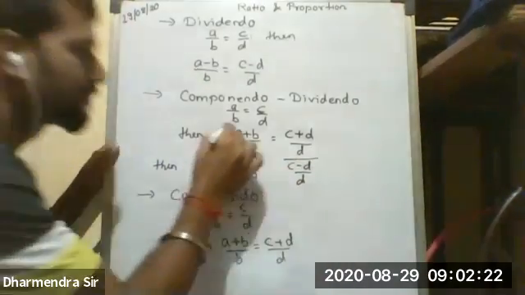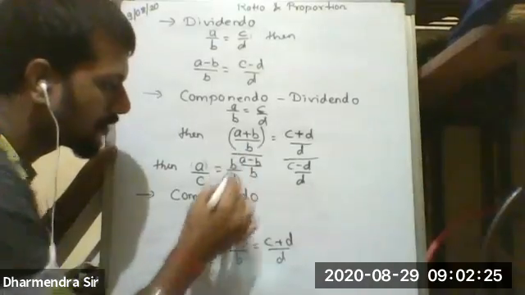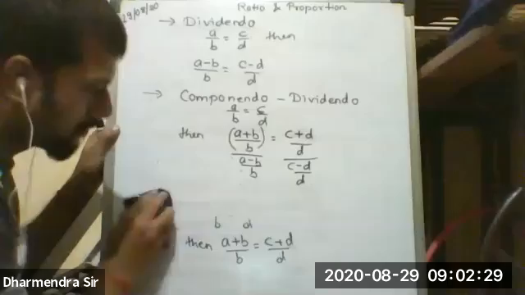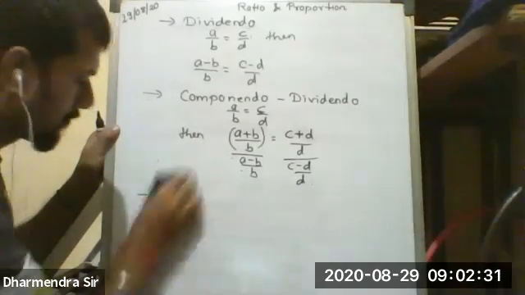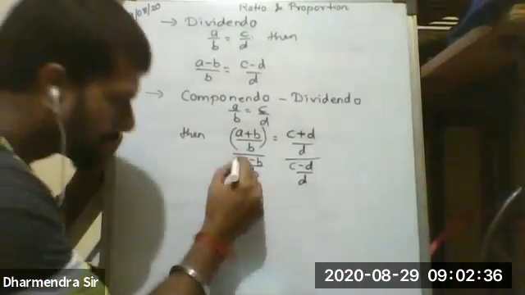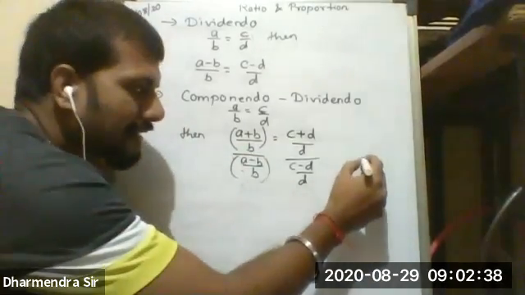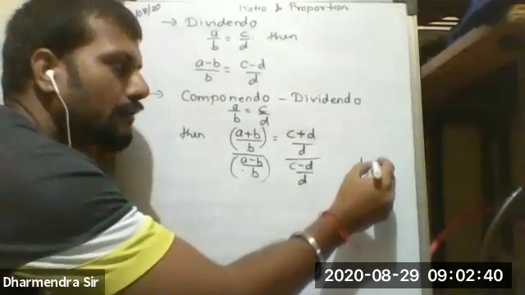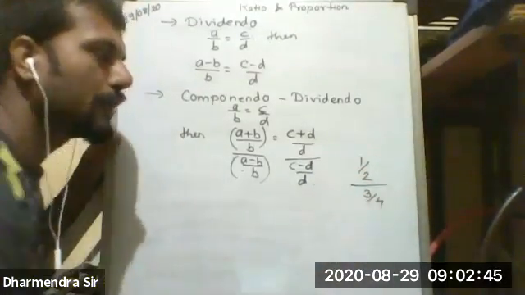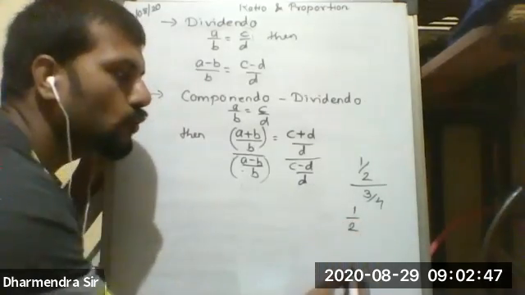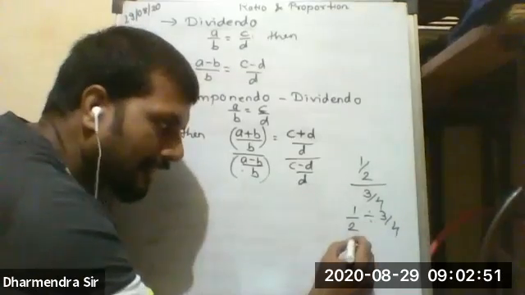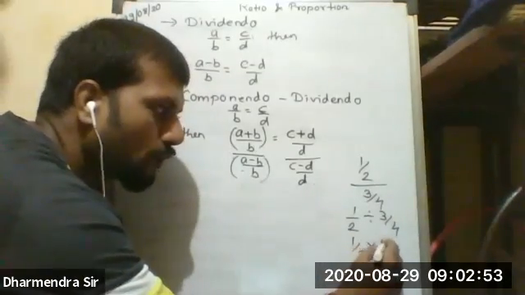Now, we know that when we write 1 by 2 divided by 3 by 4, we can write this as 1 by 2 into 4 by 3.